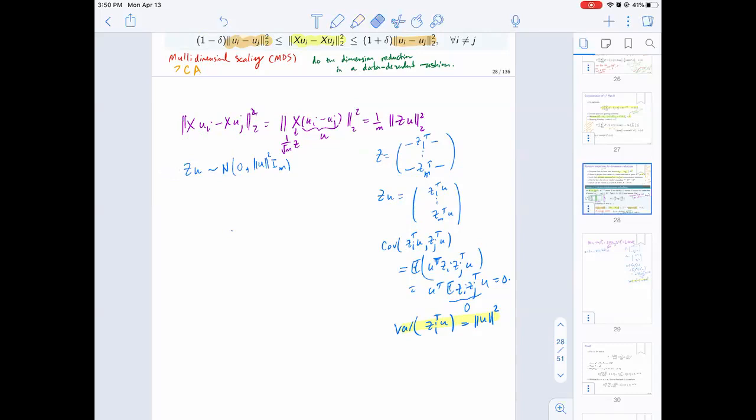So then if I define x to be z^T u divided by the norm of z^T u, what is the distribution of this guy? Sorry, not this one, that would be difficult.